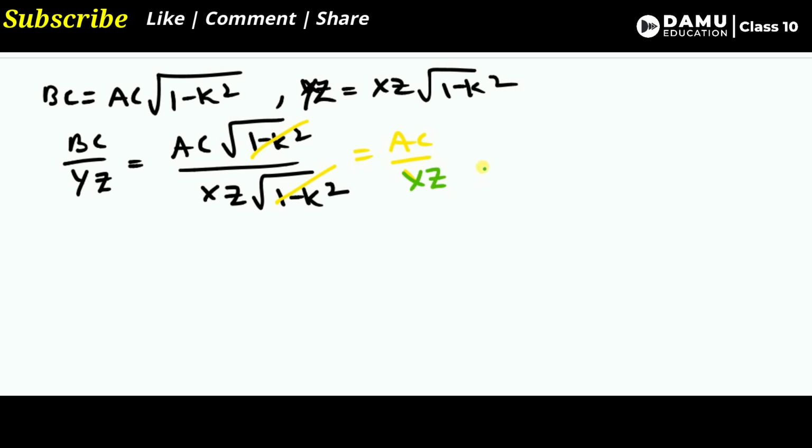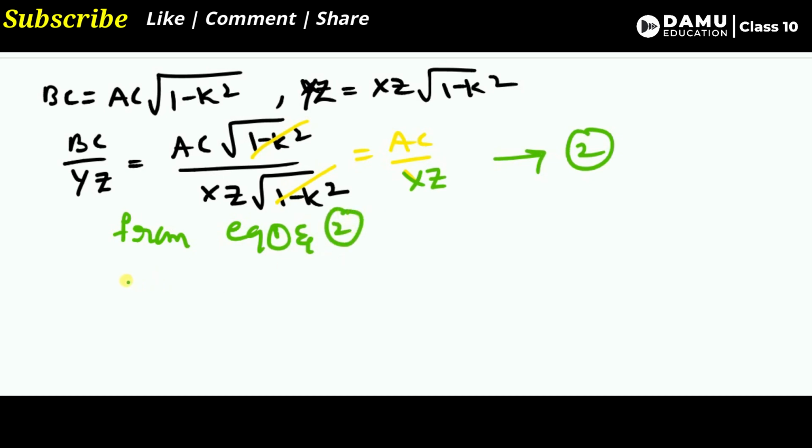As we know from equation 1 and equation 2, BC by YZ will be equal to AC by XZ. Equation 1 we took as AB by XY equal to AC by XZ.